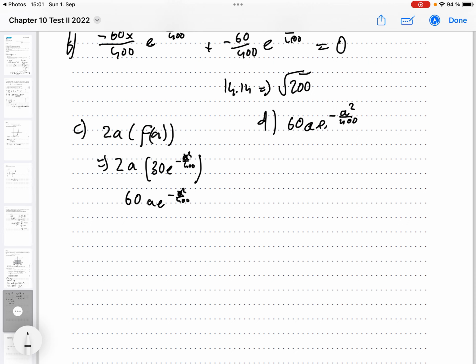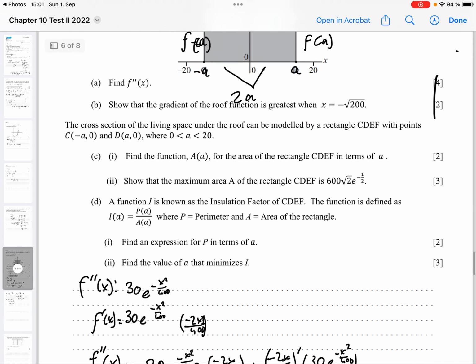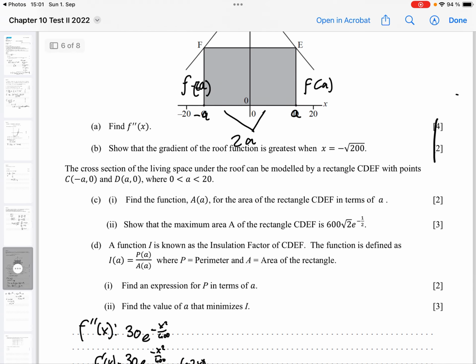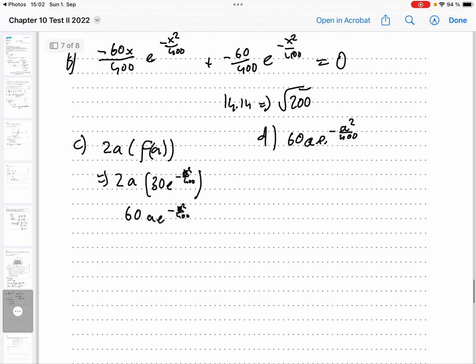So if we simply go into the calculator, type in 60x e to the negative x squared over 400, and then find the maximum point, we see that y is equal to 514.6, so we can just jot that down.